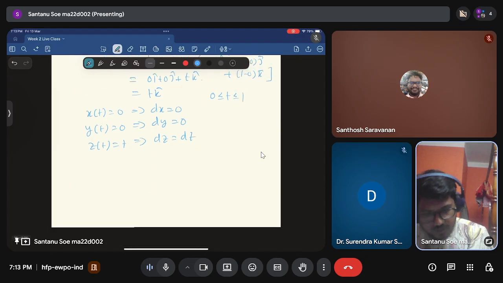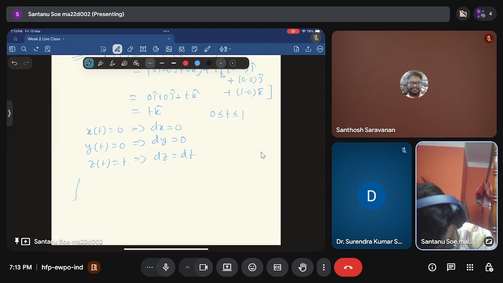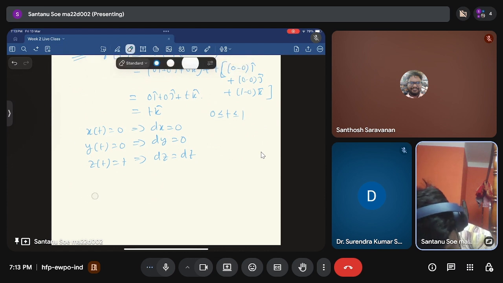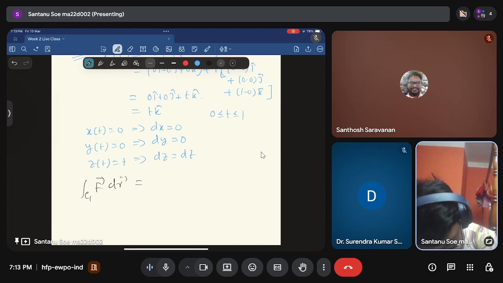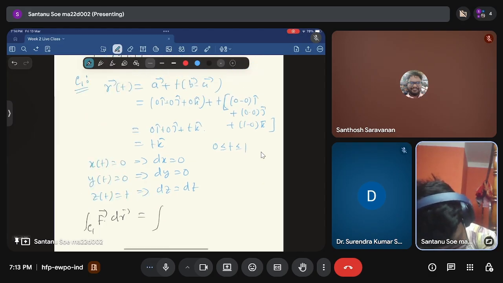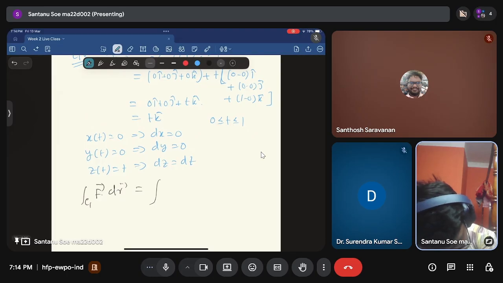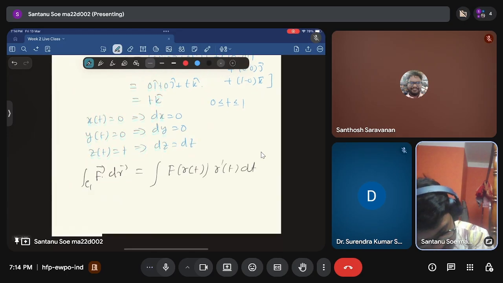So our integration over C1 of f dot dr will be just the integral of f of r(t) dot r prime of t dt, right?